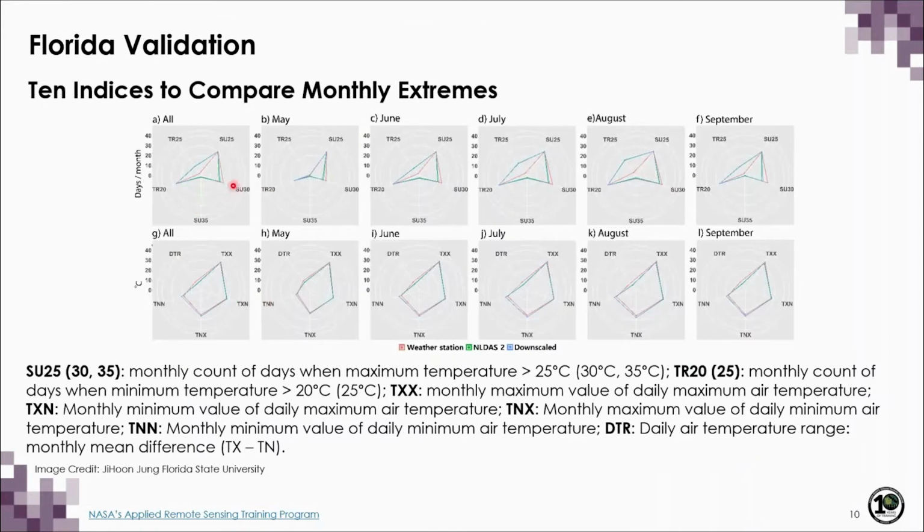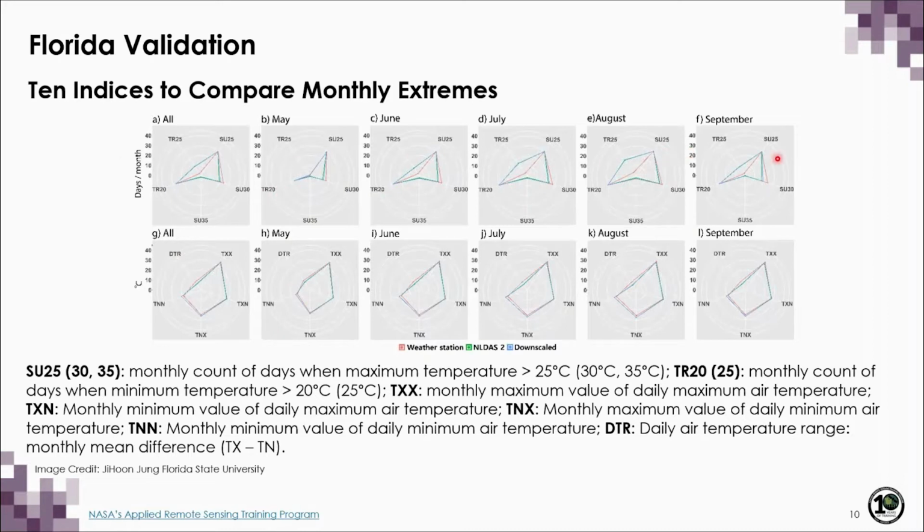If you look at these charts, the red lines are the monitor data, the green are the NLDAS 12 kilometer, and the blue are the 1 kilometer downscale data set. Just to orient you to the charts, this is for all summer months, and these are monthly charts. We are looking at 10 different indicators for temperature, which the descriptions are here.